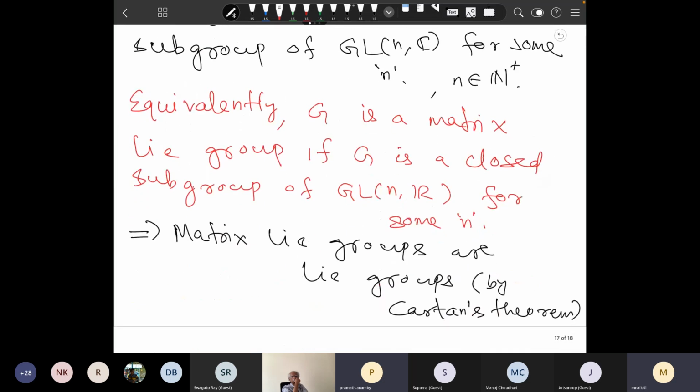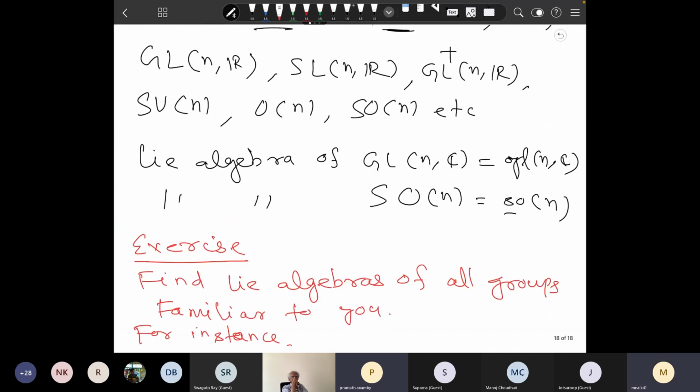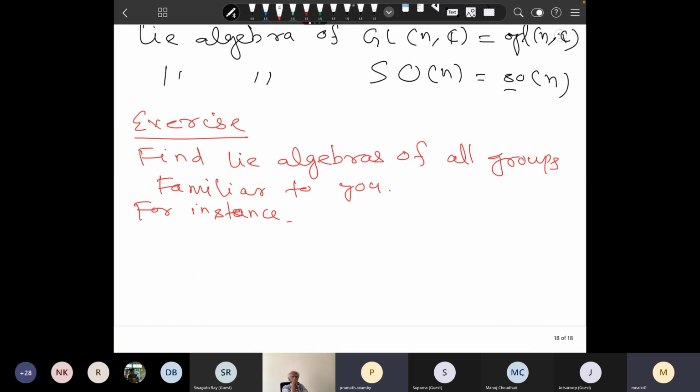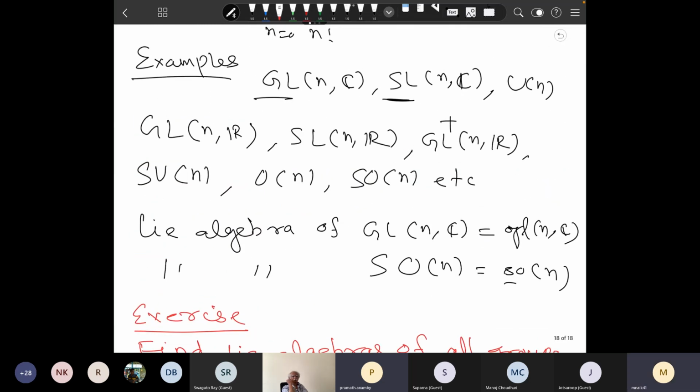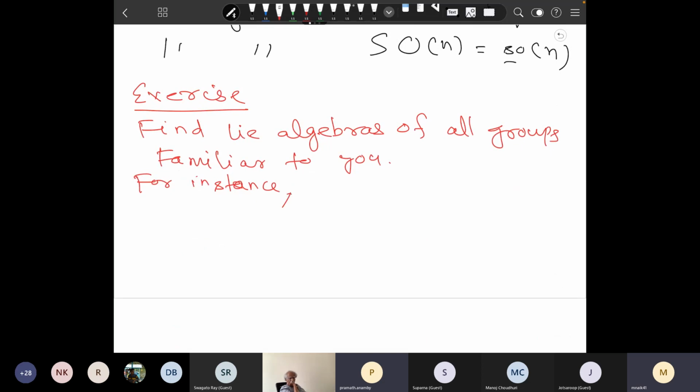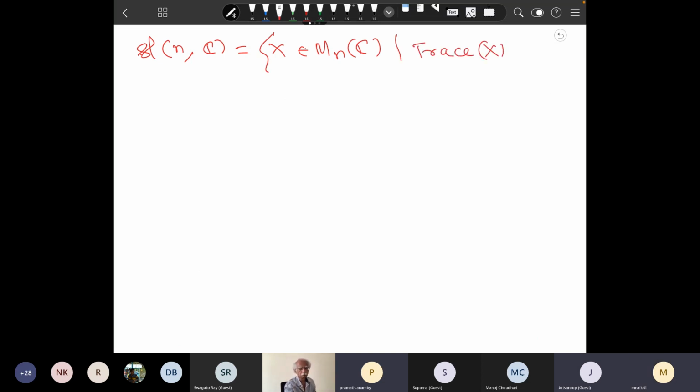Actually, this is the definition which I have in mind. Let me give the exercise first. For instance, GL_n(C) is M_n(C). When we say a real Lie group or a complex Lie group, does it have to do with a complex manifold?